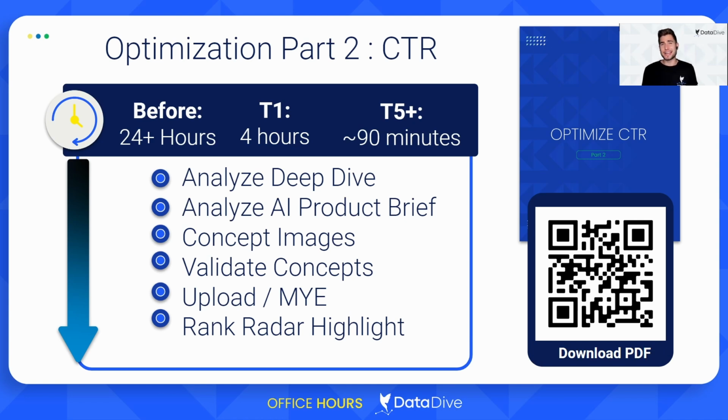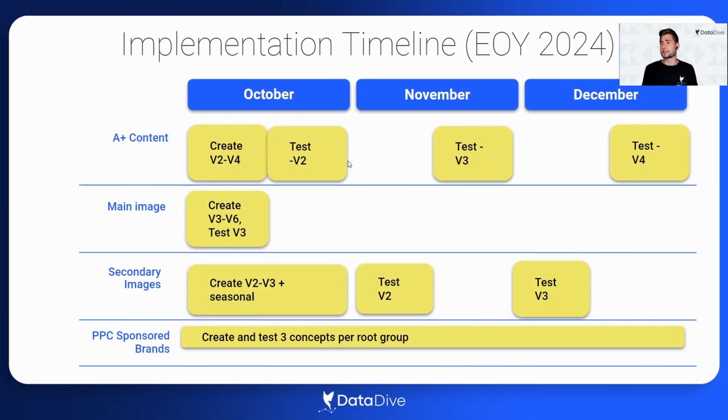And once we find out from market research what we think is likely to perform the best, then we're going to upload them into Amazon. We're going to run it through Manage Your Experiments, that's the split testing tool inside of the Amazon platform. And then we're going to set up our rank radar highlights.